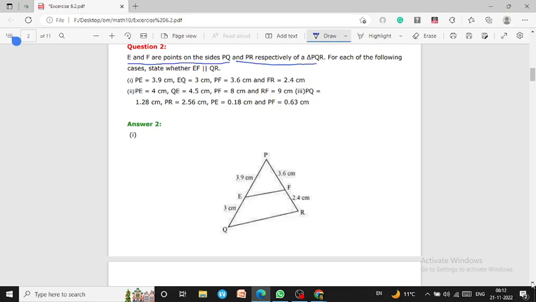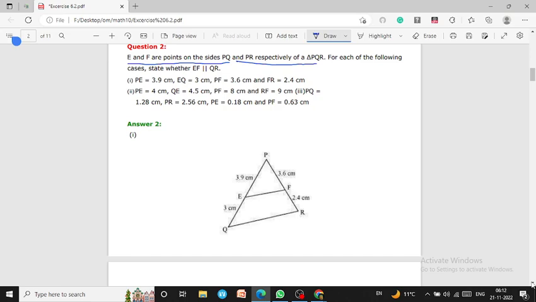This is the diagram PQR, and we have to prove EF parallel QR. It is the opposite of Thales theorem, or we can say the converse of the basic proportionality theorem.